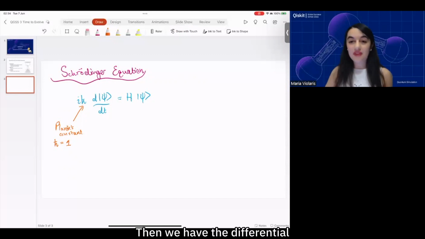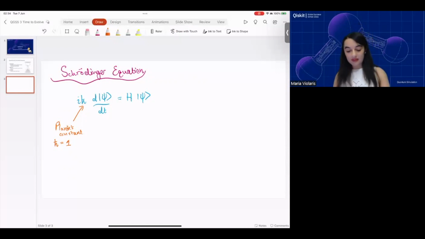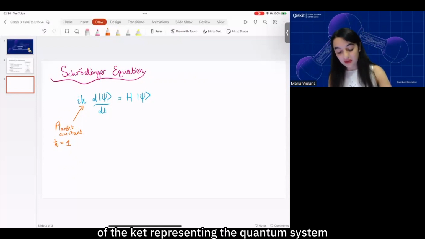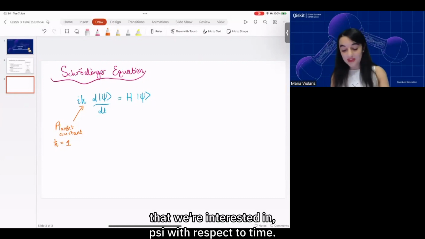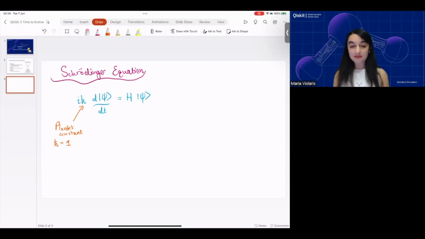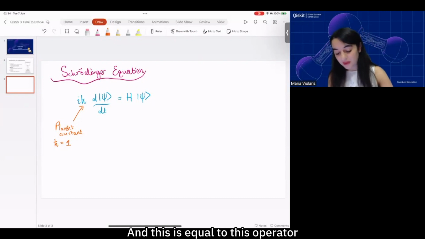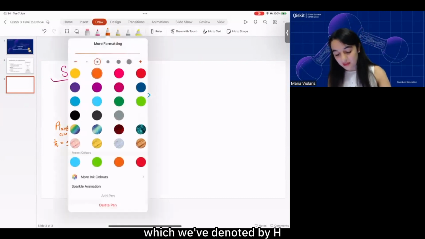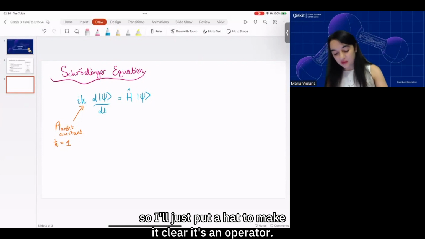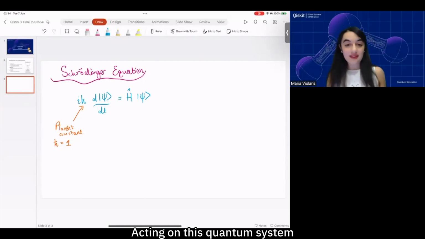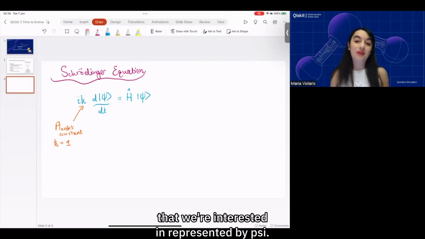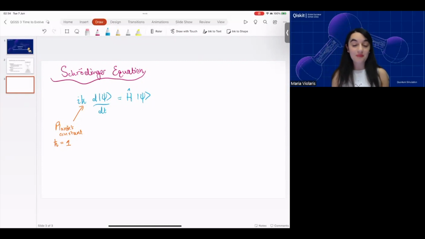Then we have the differential of the ket representing the quantum system that we're interested in, psi, with respect to time. And this is equal to this operator, which we've denoted by H. I'll just put a hat to make it clear it's an operator, acting on this quantum system that we're interested in, represented by psi.